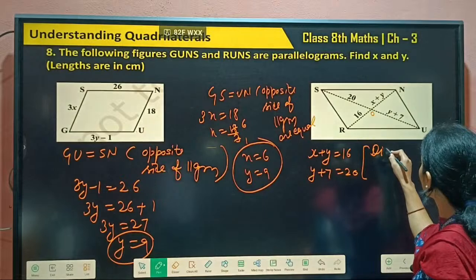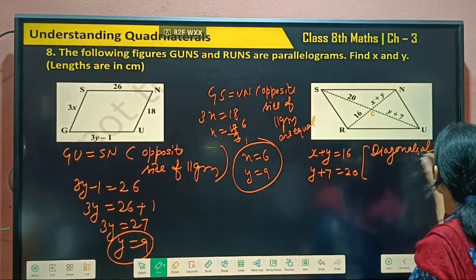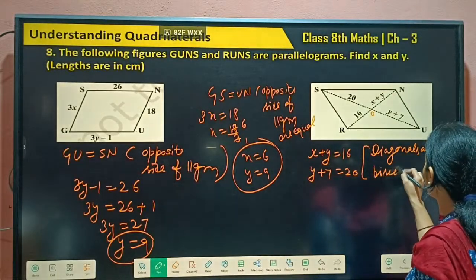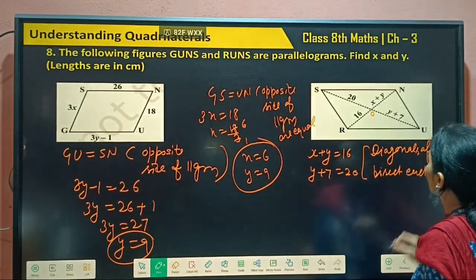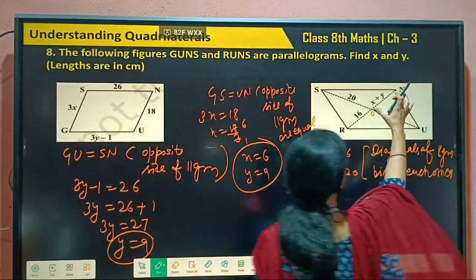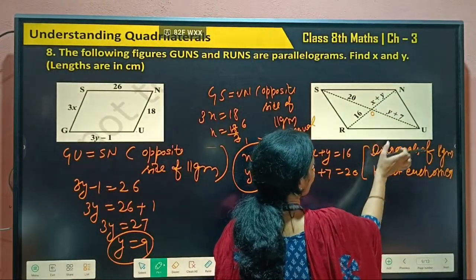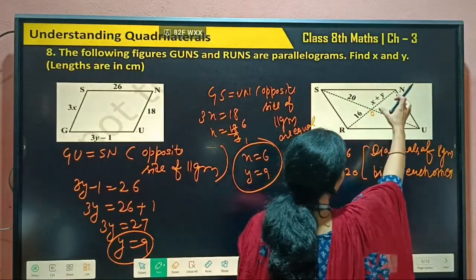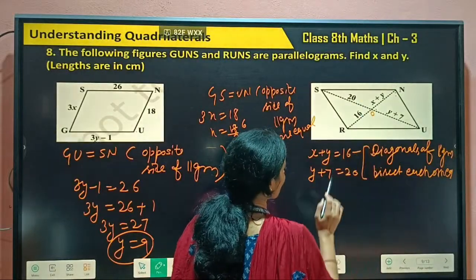Diagonals of a parallelogram bisect each other. Bisect each other means ON equals OR and OU equals OS. So ON is x plus y equals 16 and y plus 7 equals 20.